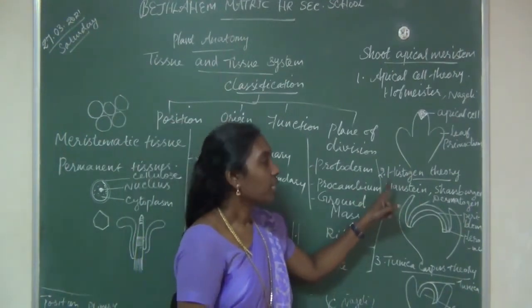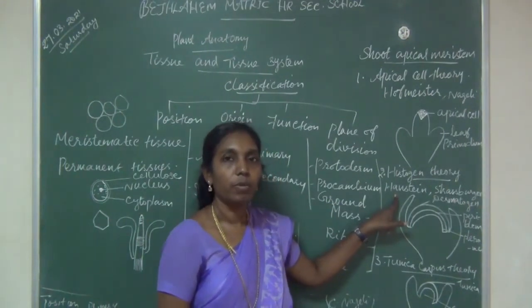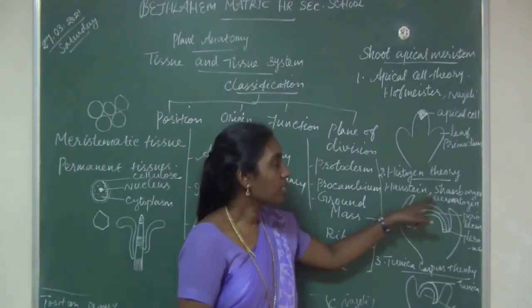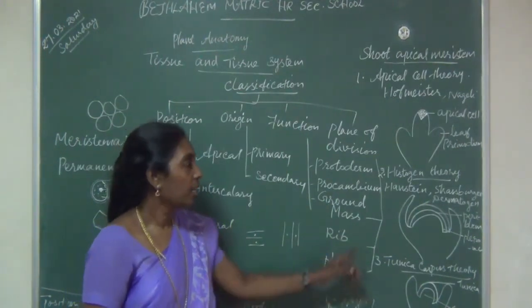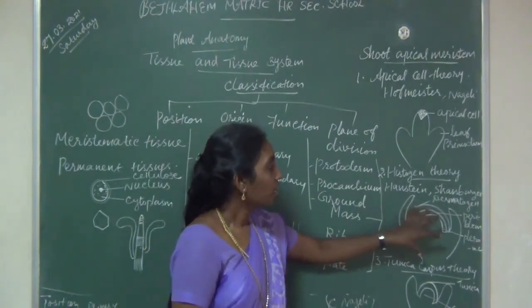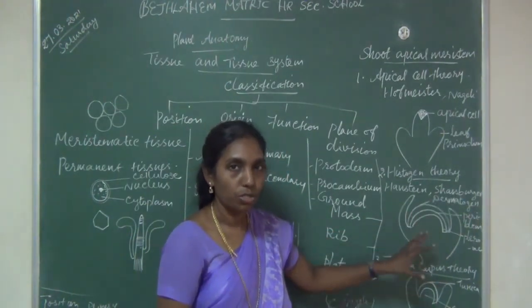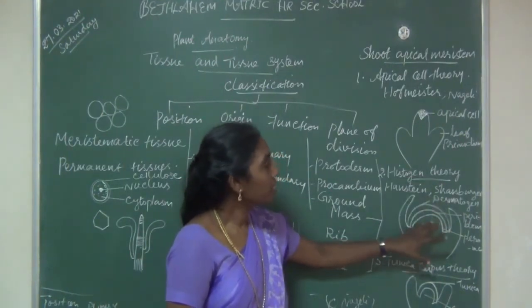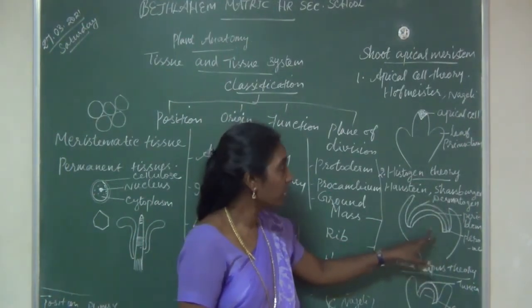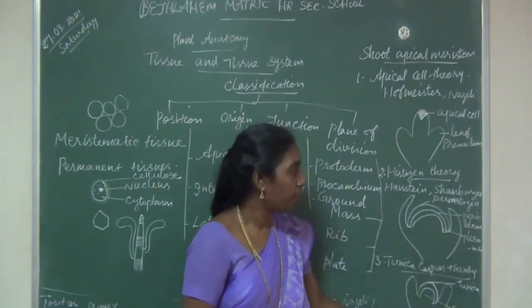Histogen theory was proposed by Hanstein and supported by Strasburger. In this, the apical region is divided into three different zones, namely dermatogen, periblem and plerome.